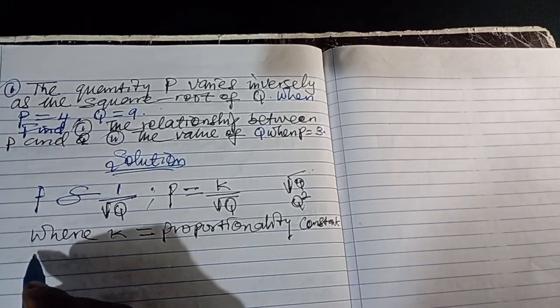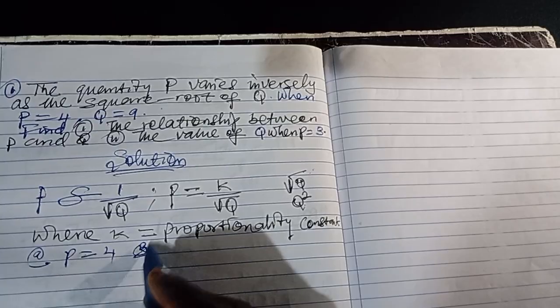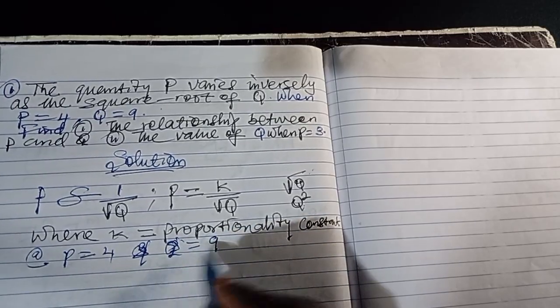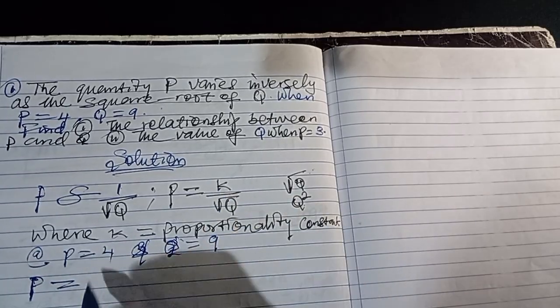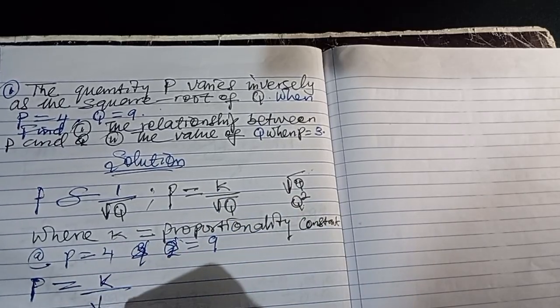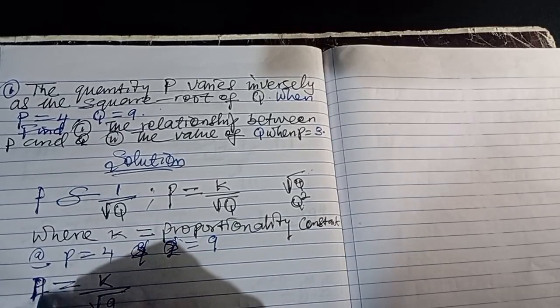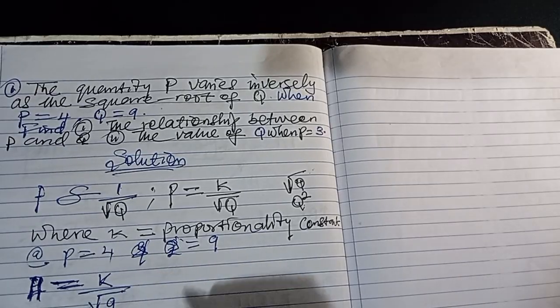So substituting at p equals 4 and q equals 9, we have that p here will be replaced. We have k over root 9. Remember, here is 4, so here will be 4 equals k over root 9.